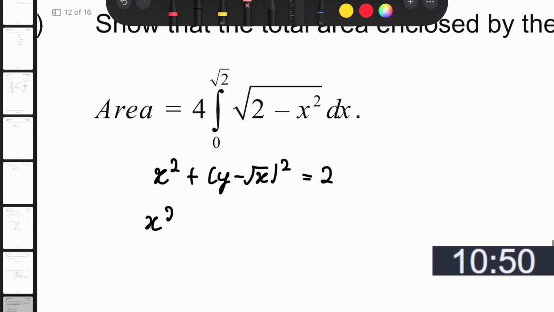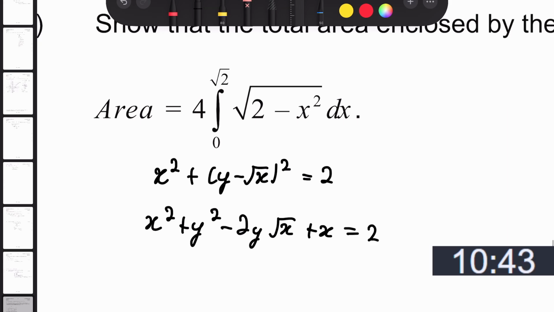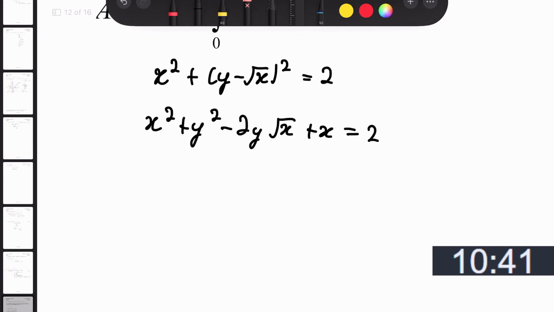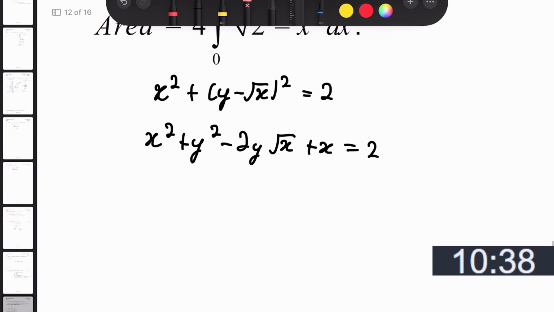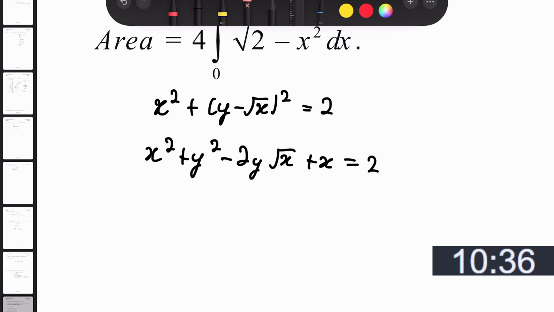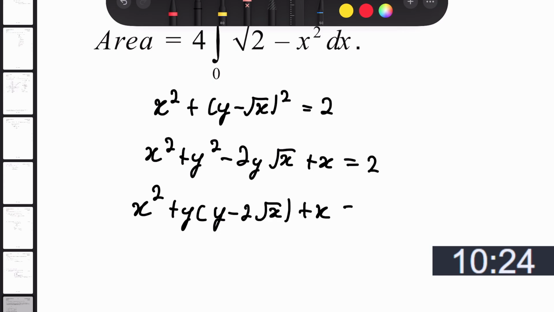So then this is x squared plus y squared minus 2y square root of x plus x equals 2. So x squared plus y(y minus 2 square root of x) plus x equals 2. This doesn't really help. I'm going to take out a factor of square root of x. That won't help either.